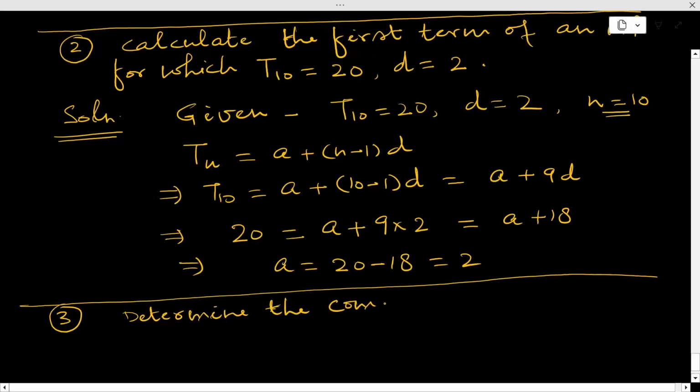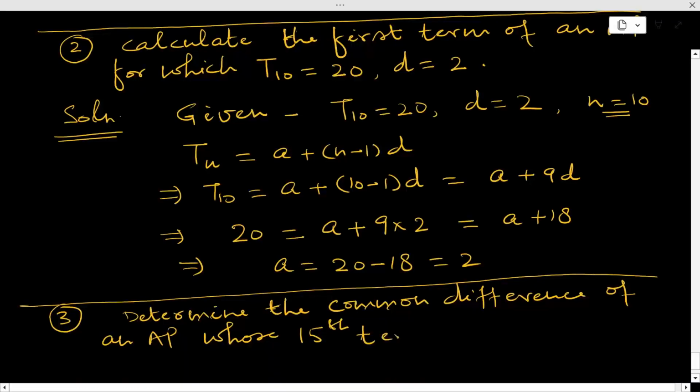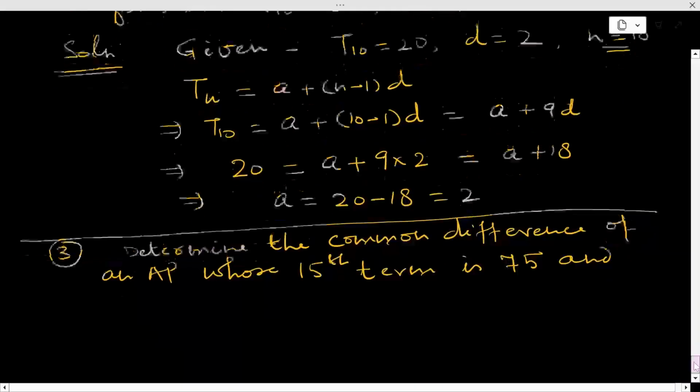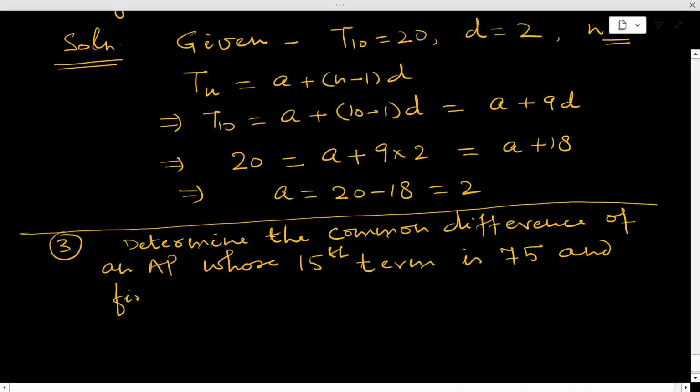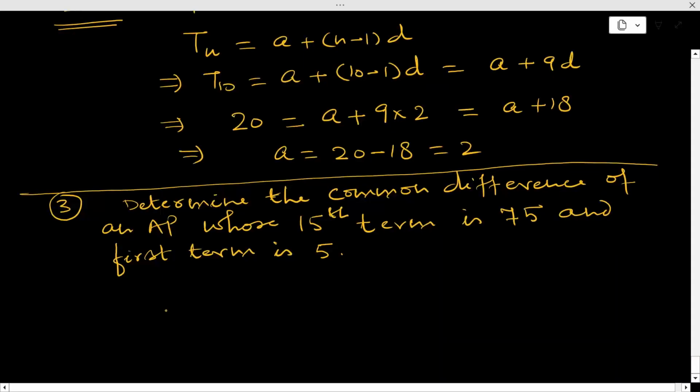Okay, determine the common difference of an AP whose 15th term is 75 and first term is 5.